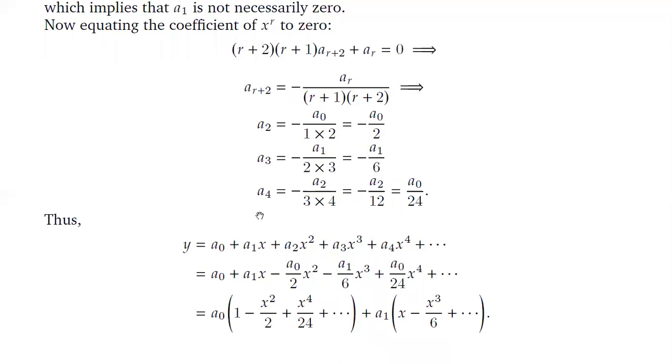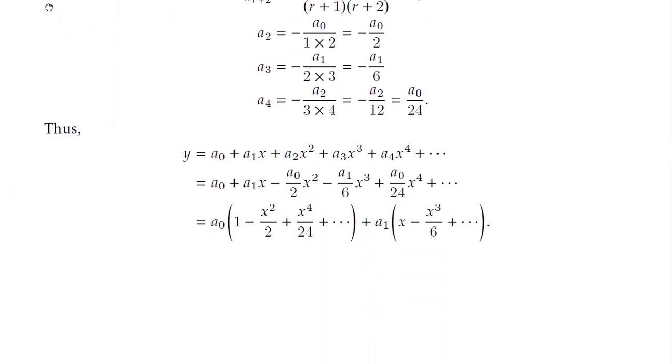Similarly, if you calculate the value of a5, it will be in terms of a3, but a3 is already expressed in terms of a1, so a5 will be in terms of a1. If you continue like that, the solution for y will be equal to a0 plus a1x minus a0 by 2 into x square minus a1 by 6 x cube plus a0 by 24 into x power 4, and so on.